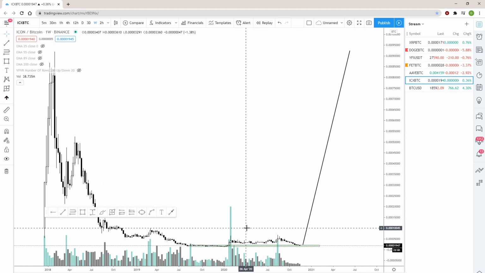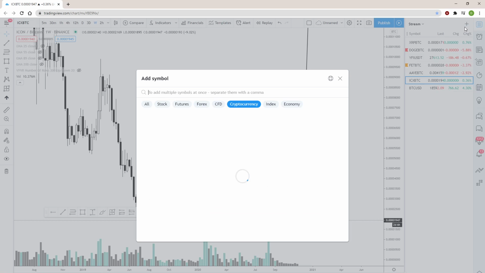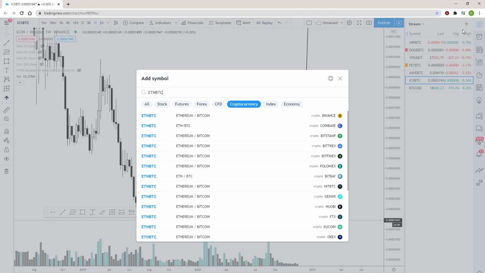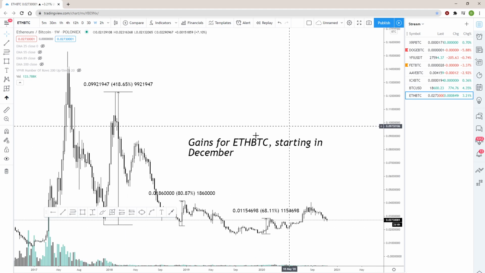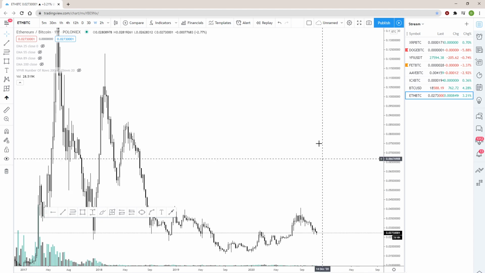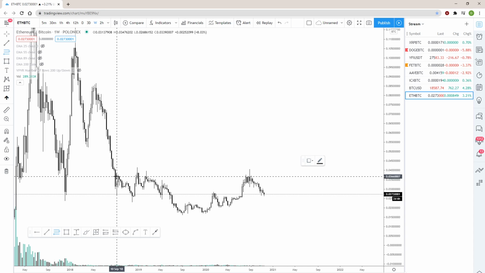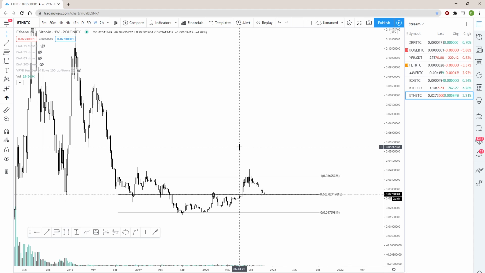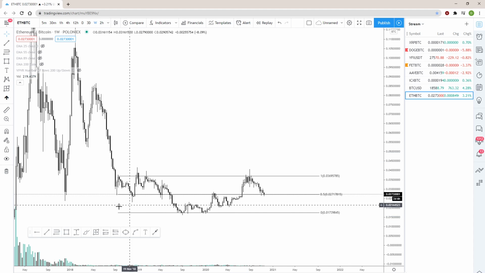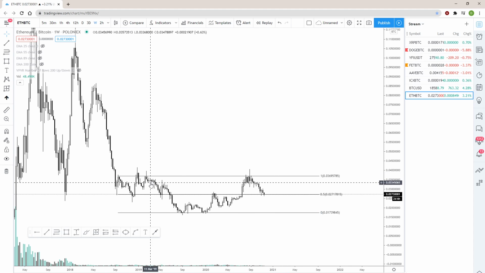But these are some examples that we are seeing, and I say that now because you could maybe make an argument that ETH BTC is just in one big large accumulation range. Now, I'm not necessarily saying this is true, but maybe ETH BTC has been ranging since 2018.